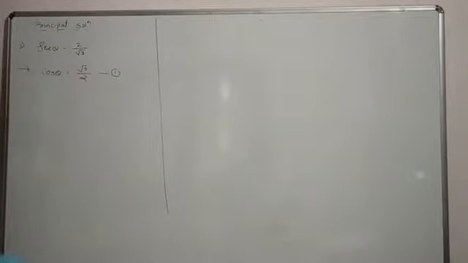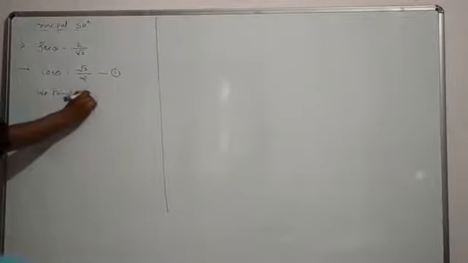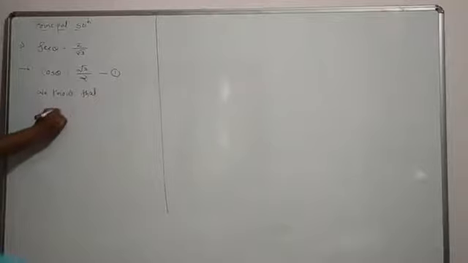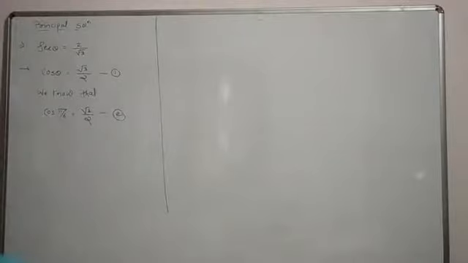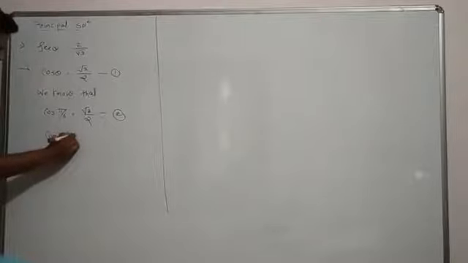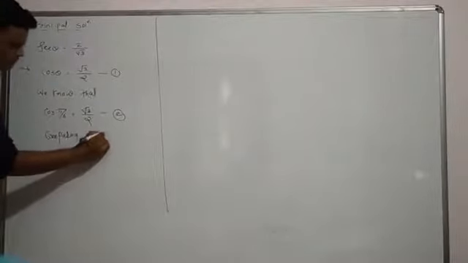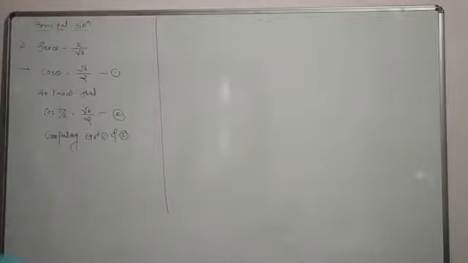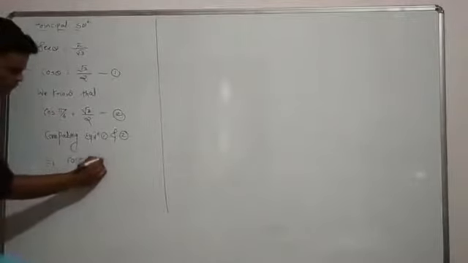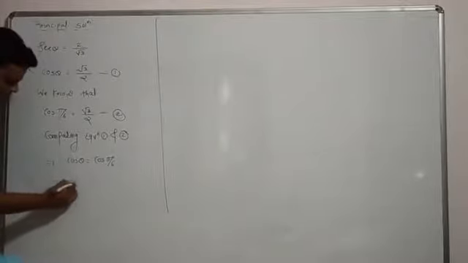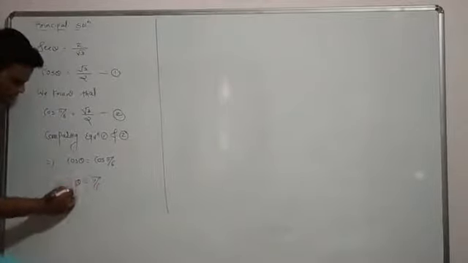So from the table value, cos of pi by 6 is equal to root 3 by 2, and I call this equation 2. Comparing equation 1 and 2, you have RHS same, so you have LHS also same. That implies cos theta is equal to cos pi by 6.